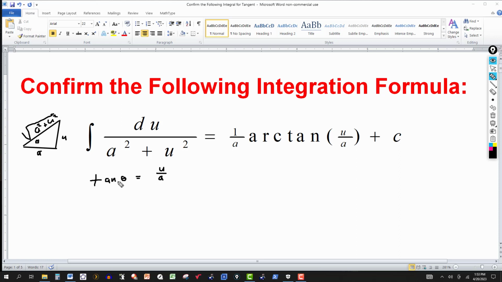And then from this equation here, I'll multiply both sides by a. u will come out to a tangent theta. So taking the differential here, du will equal a, and then the derivative of tangent is secant squared theta d theta.